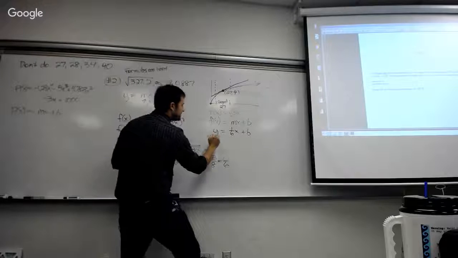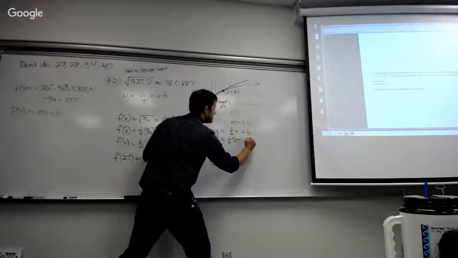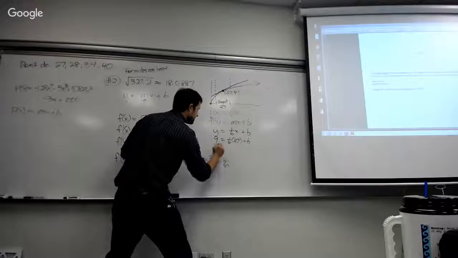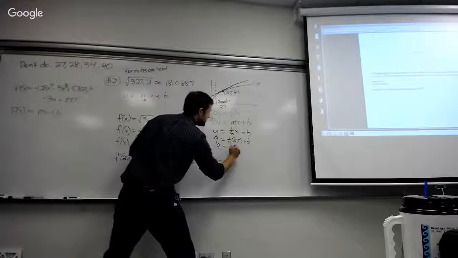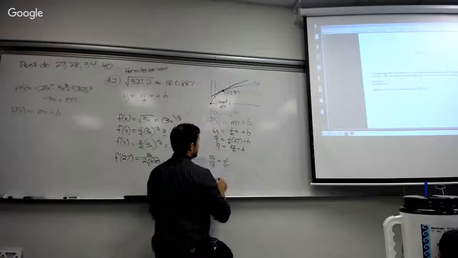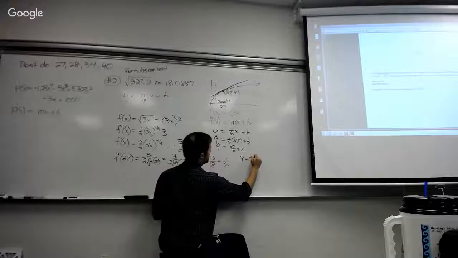And so we'll go ahead and plug in those values. 9 equals 1/6 times 27 plus b, and this will help us find our b value. So what is that? 9 equals 27/6 plus b. That's really 9 equals 4.5 plus b.